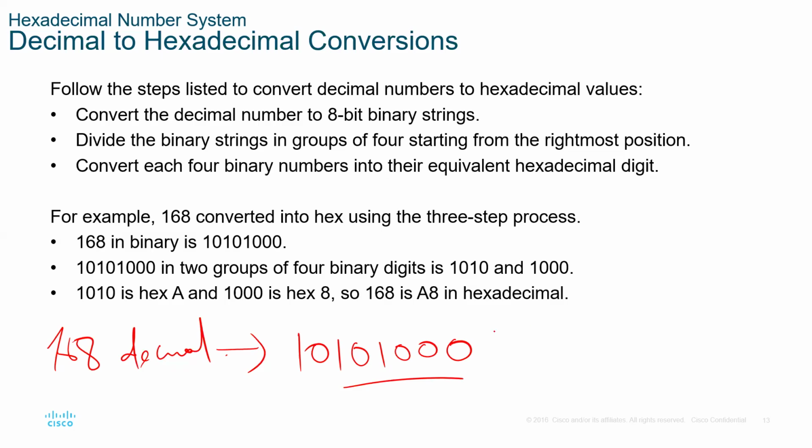Starting from the back, you group in 4s. So starting from here, group 1, 2, 3, 4. Here is the first group. Then we have 1, 2, 3, 4. This is the second group. You find the hexadecimal representation for each group.